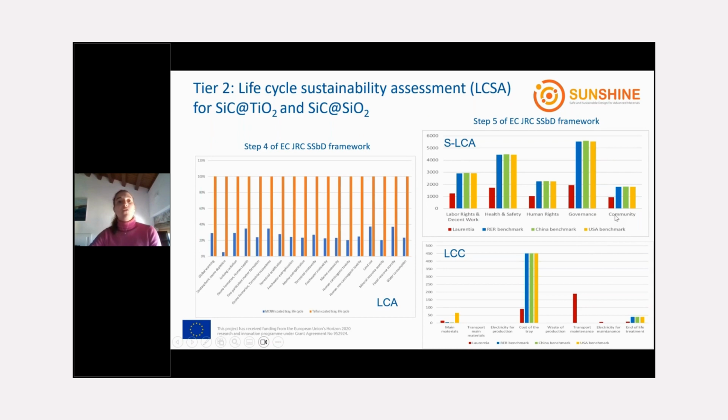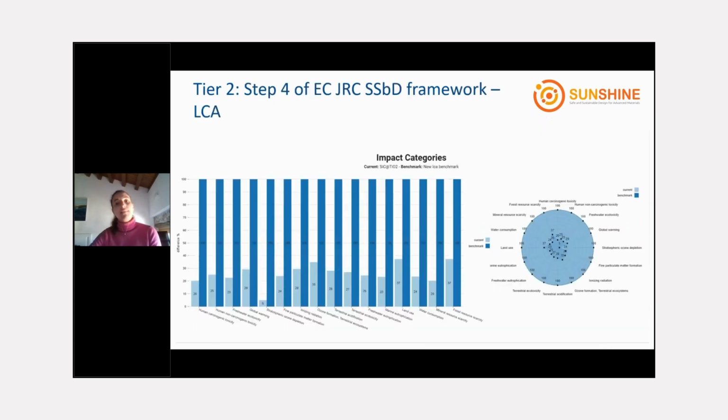In the case of step 4 and step 5, a life cycle assessment, a social life cycle assessment and life cycle costing have been performed for both materials, for SiC-TO2 and for SiC-CO2. And here are the results that are included in the infrastructure, where you can see that the innovative material, SiC-TO2, is performing better in all the assessed impact categories in comparison with the benchmark.